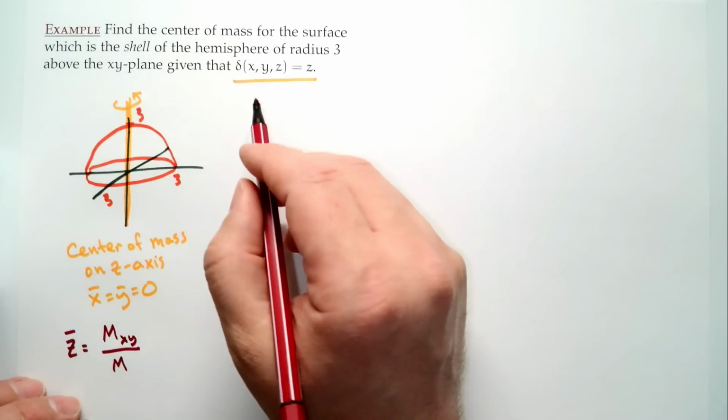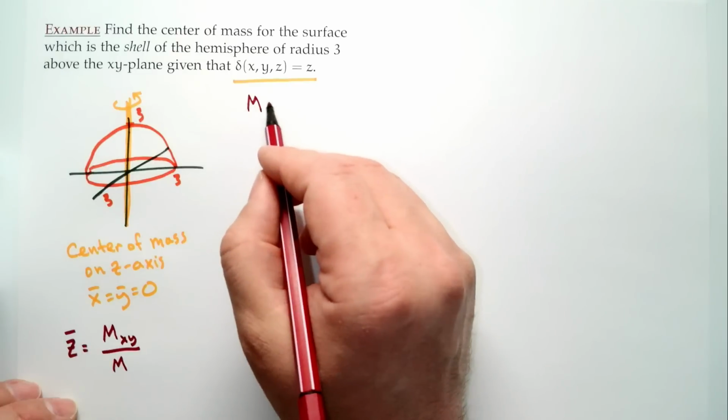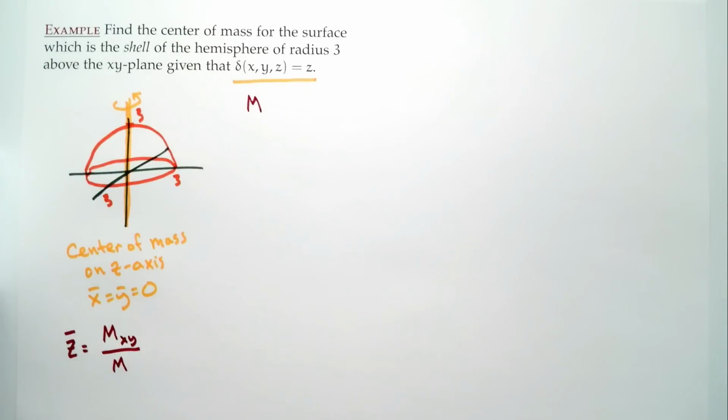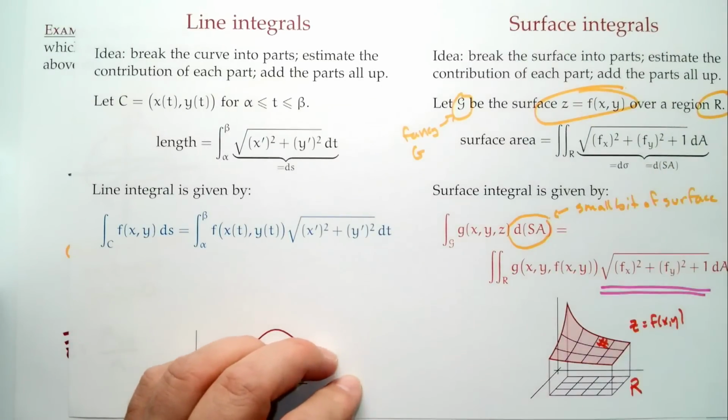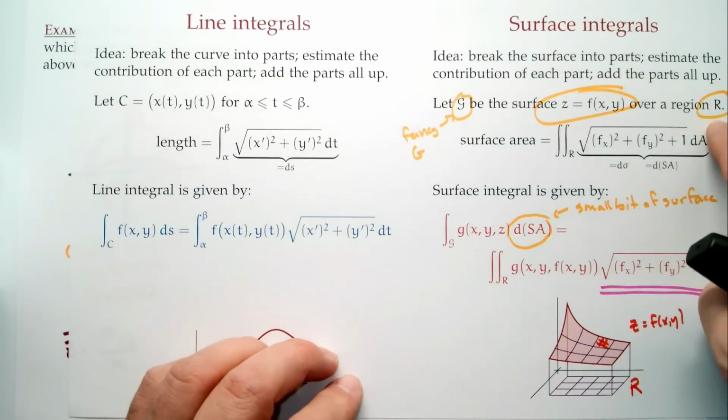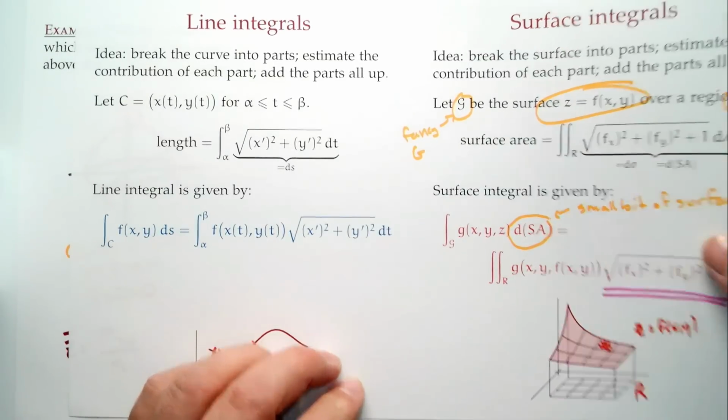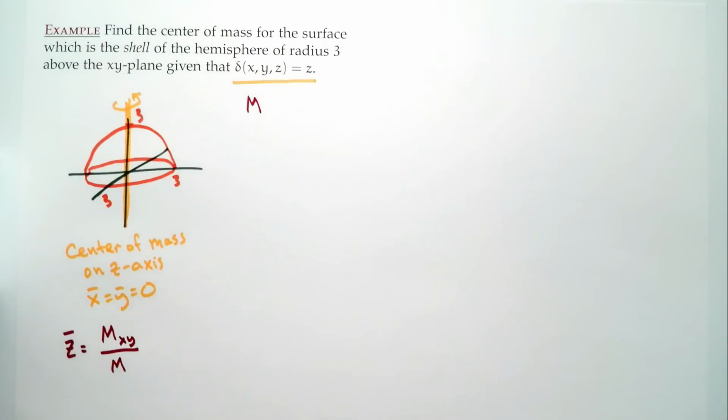So there are two integrals. We'll talk about the mass first. Now, if we're going to do this as a surface integral, because it is a surface, we need to know a couple of things. First off, we have to know what our region is. Because if you go back to our surface integral, our basic setup was we had a function z equals f of x, y, over some region R. So where do we go?